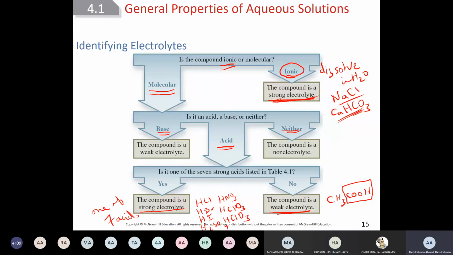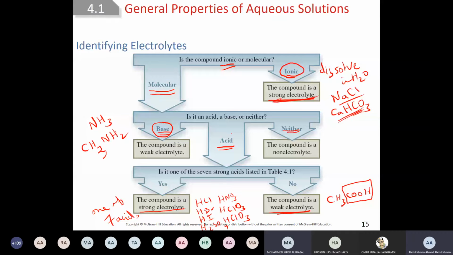Good. Now, if it's not an acid, then it will be a base. Also, if it's a base, then it will be a weak base. Give me an example of a weak base. Ammonia, or any organic compound that contains nitrogen.